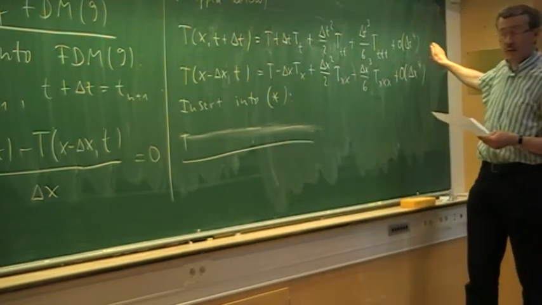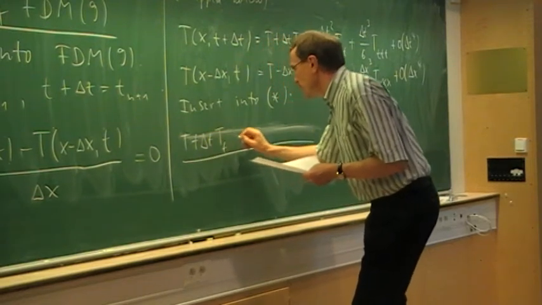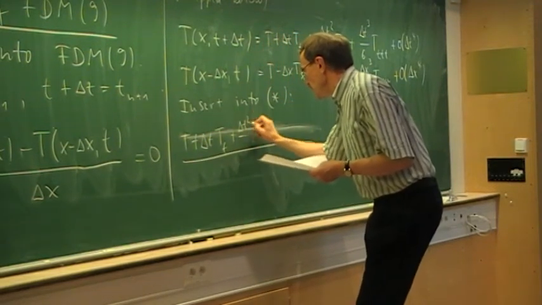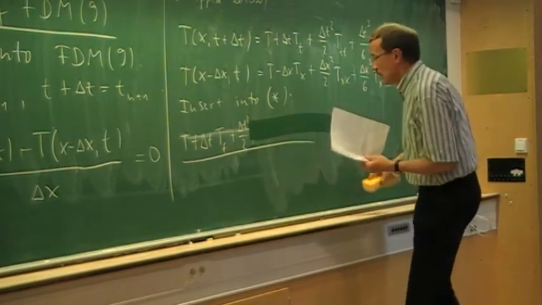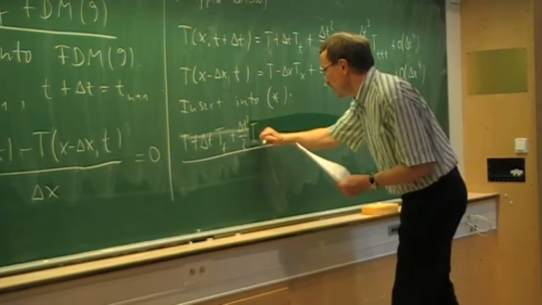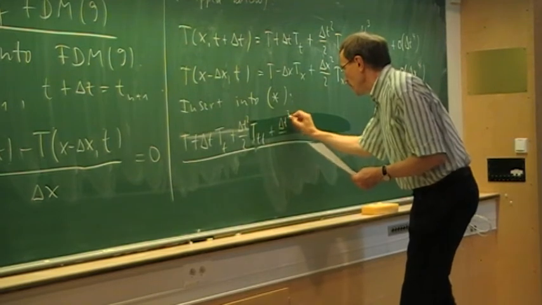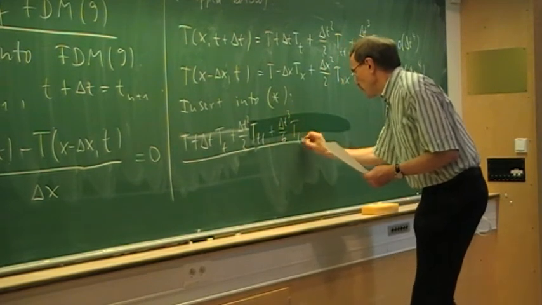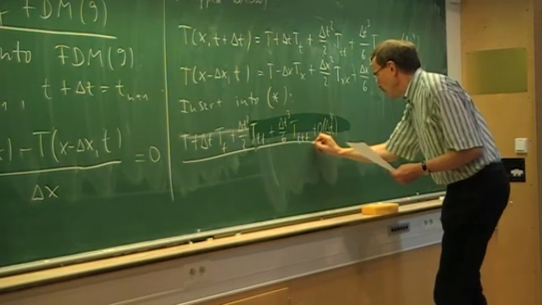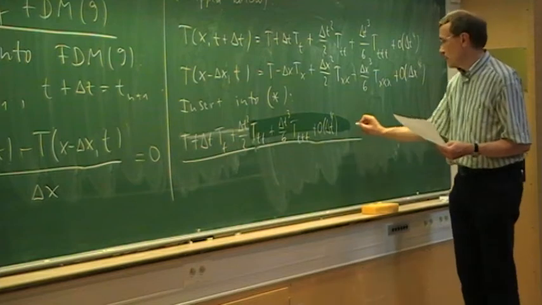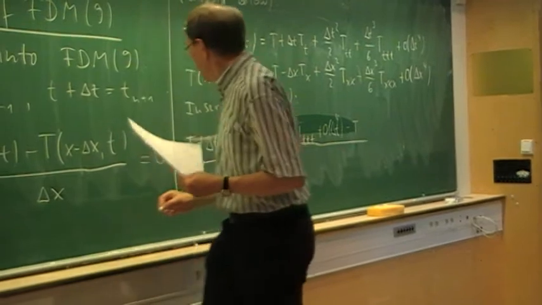So we write all this here: t plus delta t time derivative plus delta t squared half times the second time derivative plus delta t to the power 3 divided by 6 third time derivative plus order delta t to the power 4 minus t. So that is this one here, divided by delta t.